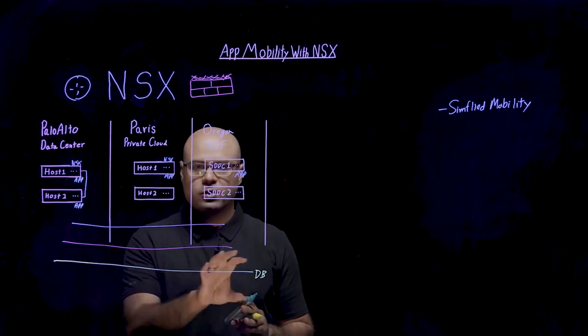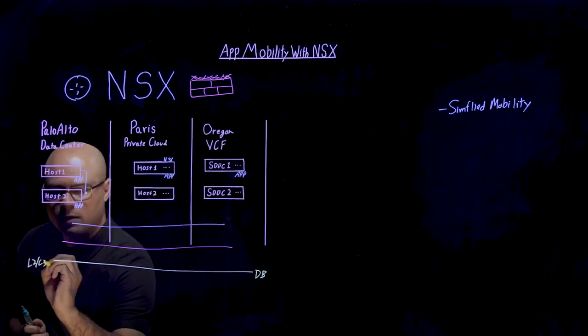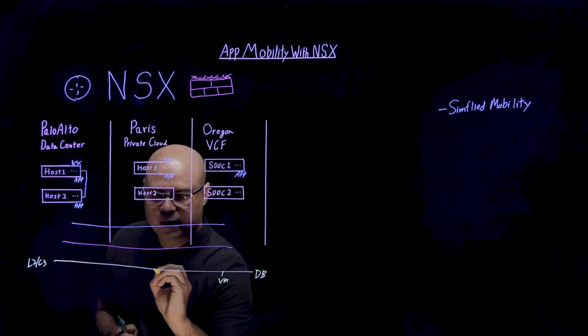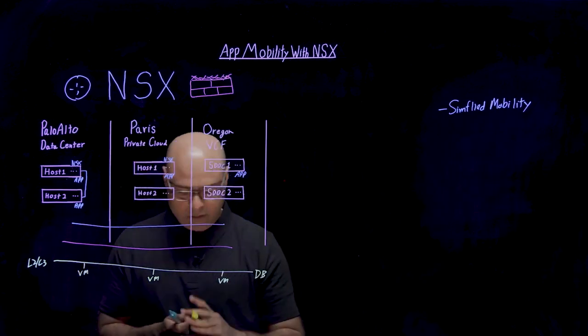So this is a distributed layer, L2 to L3, which means that virtual machines running in each location can seamlessly talk with each other.